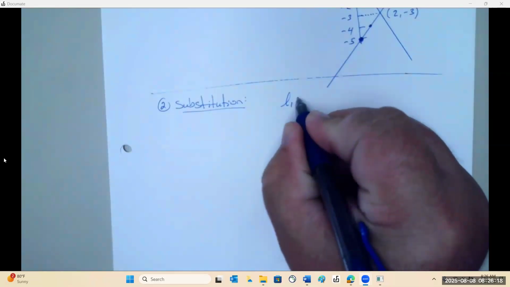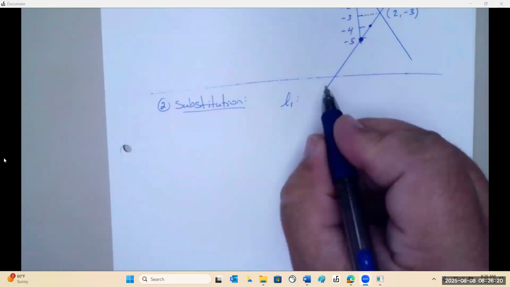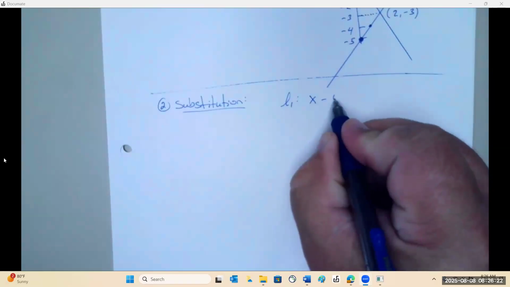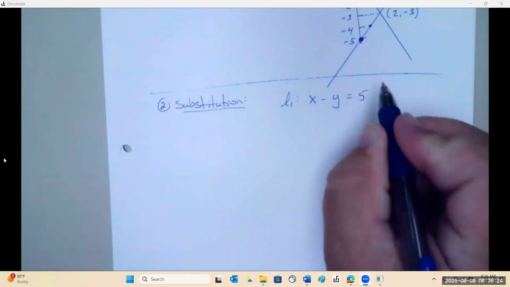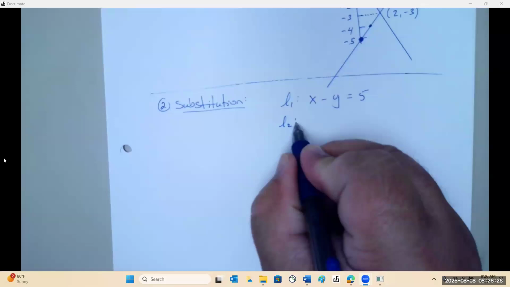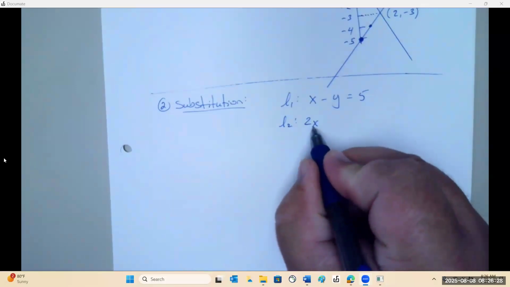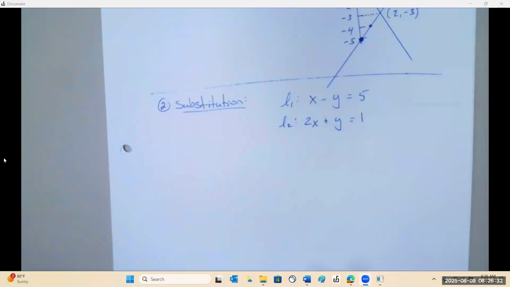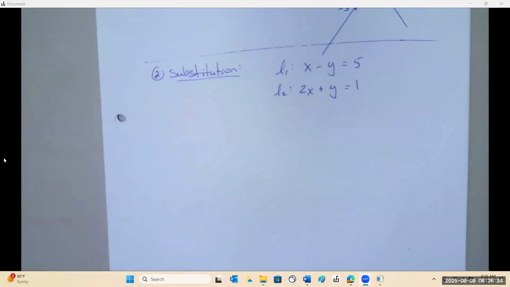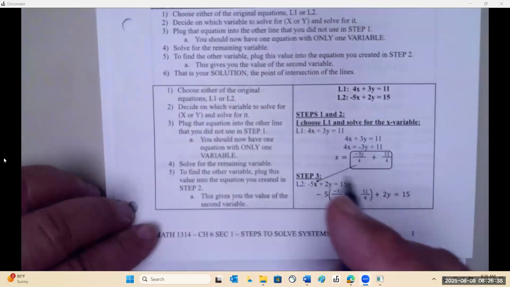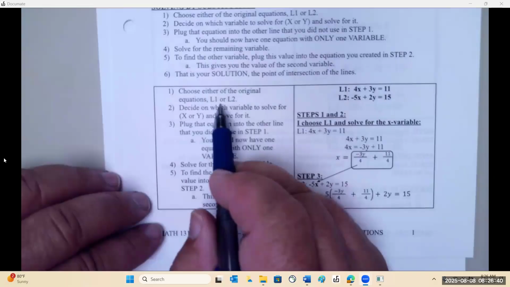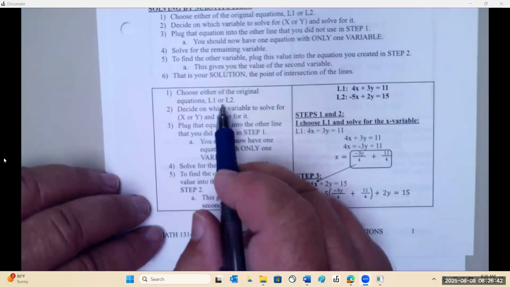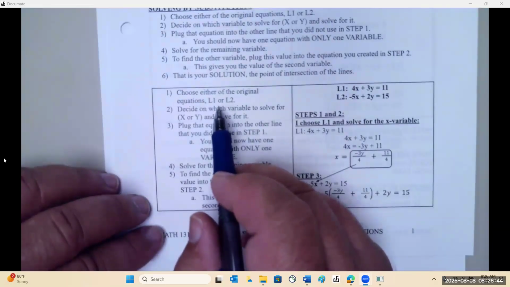Line 1 is x minus y equals 5, and line 2 is 2x plus y equals 1. So according to your sheet, which equation do you want to choose? Line 1 or line 2?